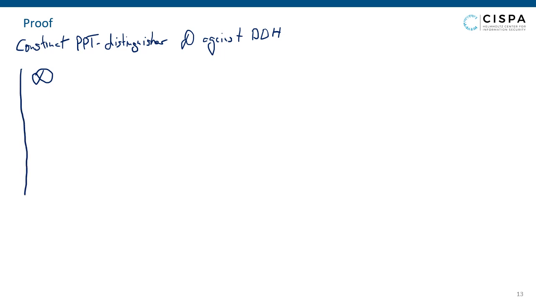So we'll construct a PPT distinguisher D against DDH. How do we do this? Well, our distinguisher, let's make him big, does the following.